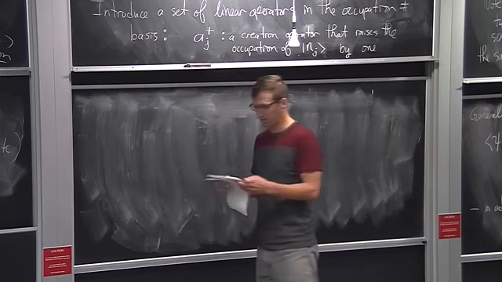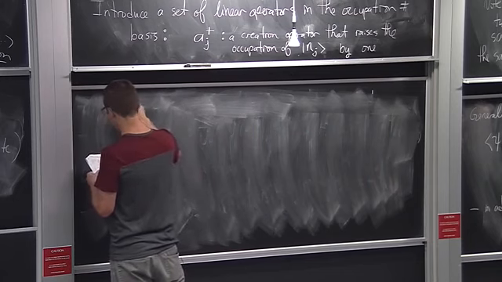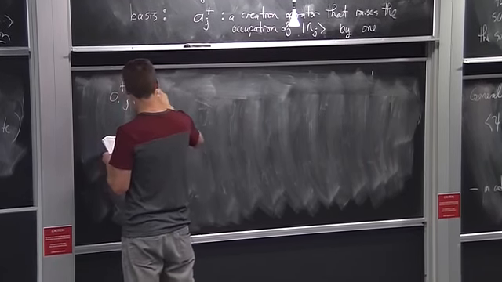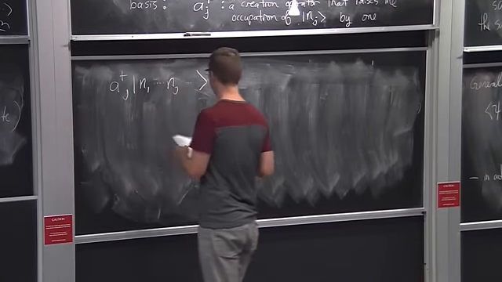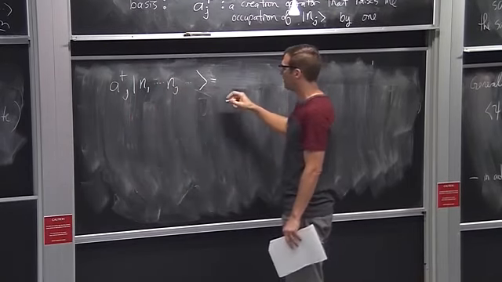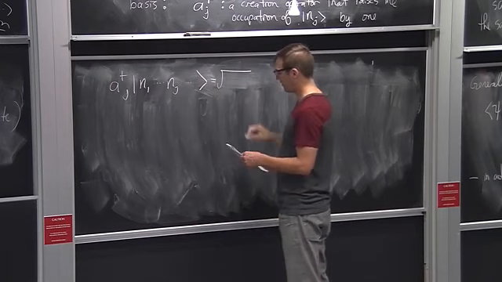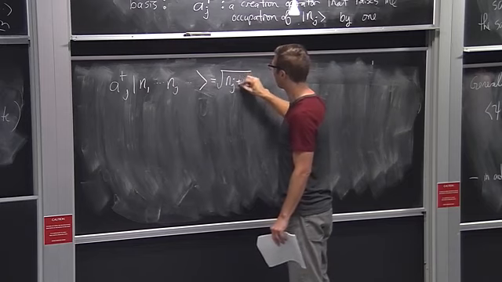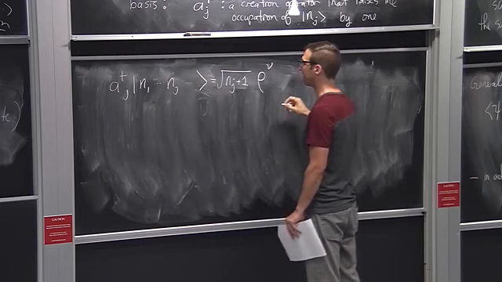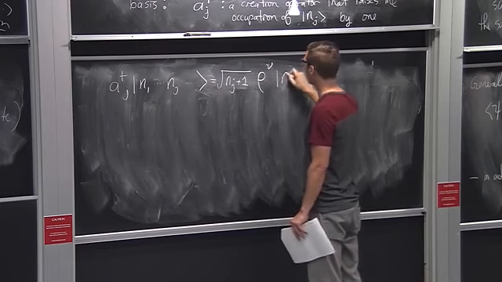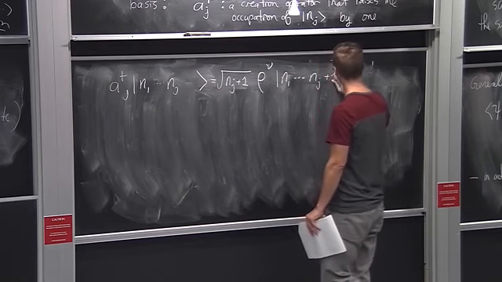I'm just going to write down the normalized operator, since this is taking longer than I thought. I think this notation is better here. And then it'll be n_j plus 1.